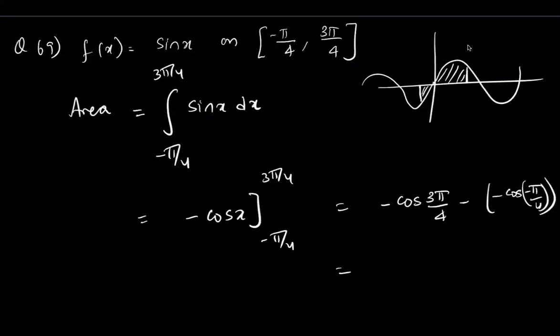Cosine is negative, negative root 2 over 2. So that becomes root 2 over 2, minus cosine pi over 4 is positive root 2 over 2, so this is going to be negative root 2 over 2. So that is root 2 as your overall area. Net area is root 2.